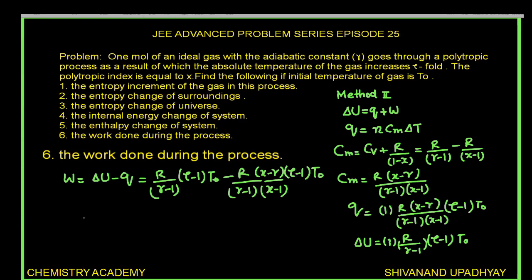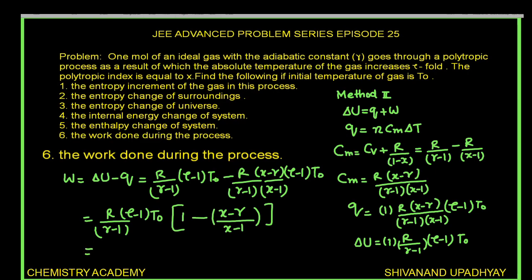Now if I simplify, I can take R upon gamma minus 1, tau minus 1 into T naught common. So this is going to be 1 here, and here we have x minus gamma upon x minus 1. Simplifying this, I get R tau minus 1 into T naught divided by gamma minus 1.